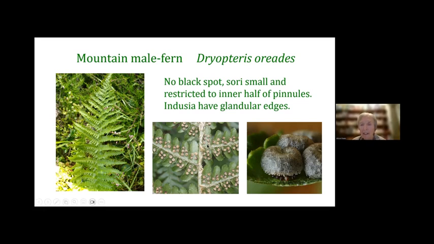The sori, usually not more than 6 on each pinnule. They tend to be near to the middle of the pinna. And if you get a really good magnifying glass on it, you can see that it's got these little glands, like little pale drumsticks around the edge of the indusium. And the indusia tend to be a little bit tucked under and don't spread like in the other male fern, the common male fern.